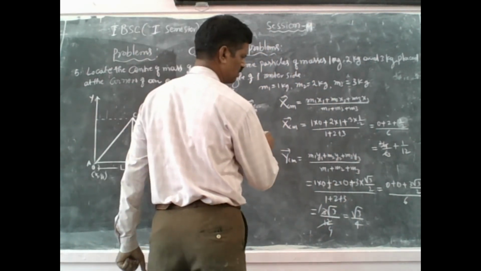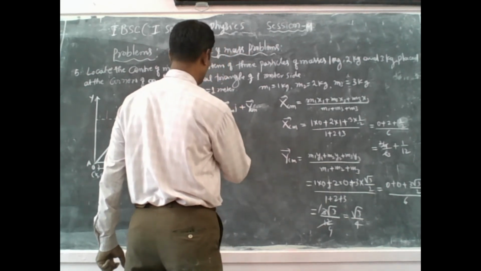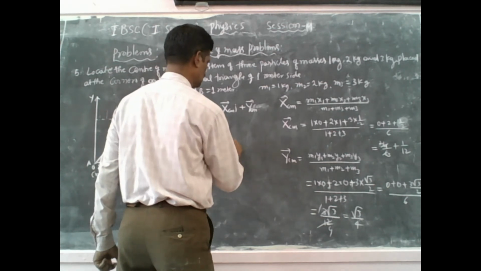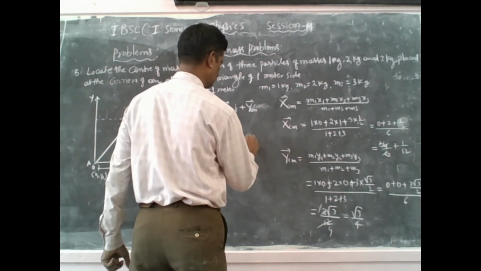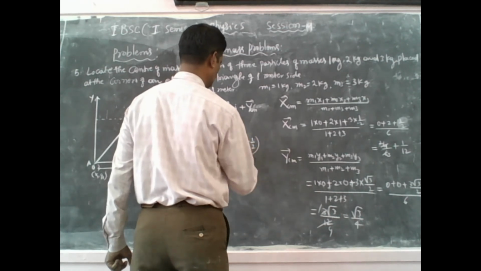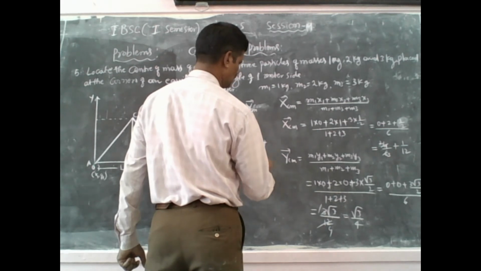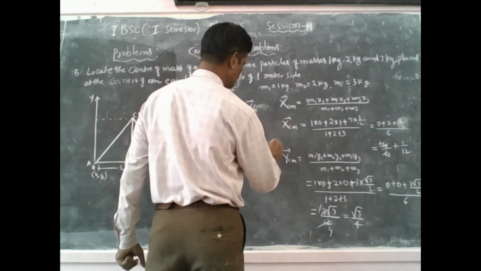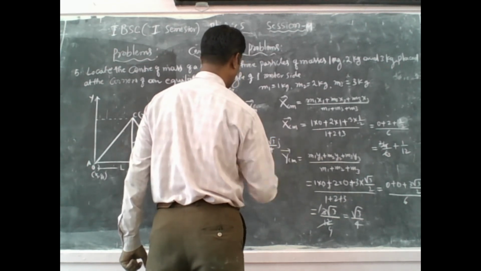And therefore RCM equals 2 by 3 plus 1 by 2 I plus J, the J value comes out to be root 3 by 4 J, isn't it?